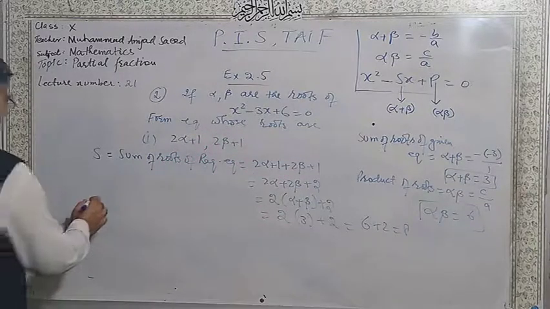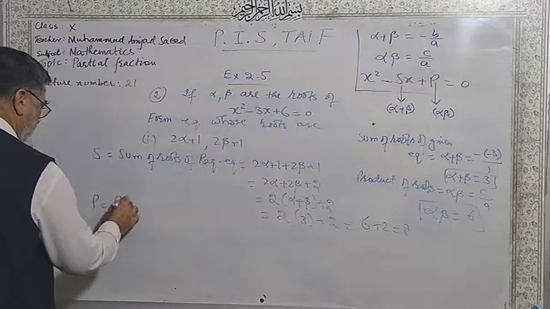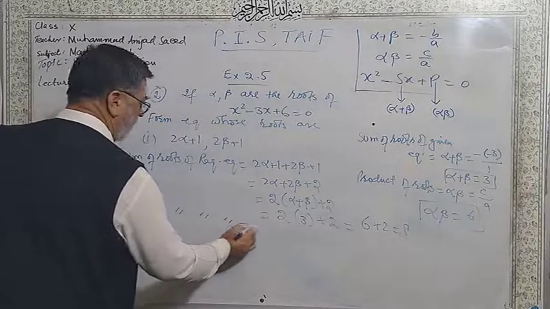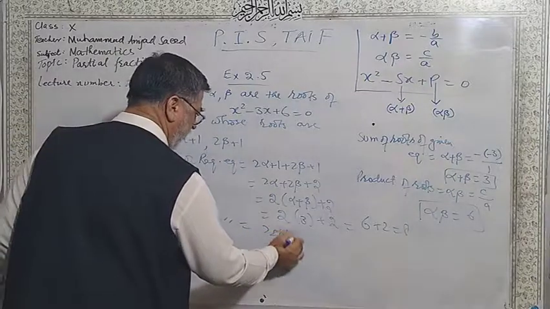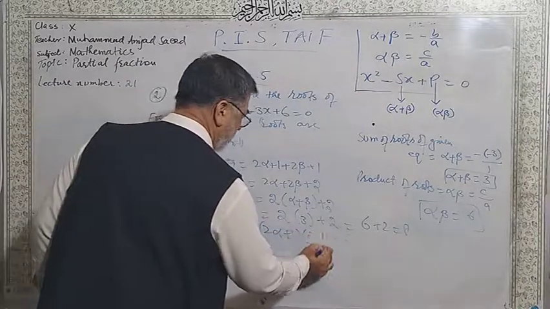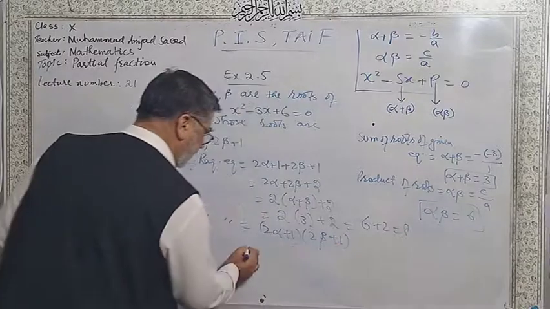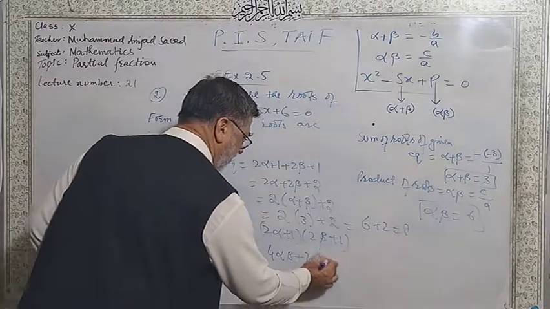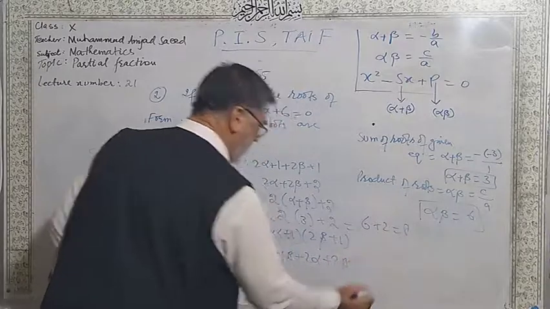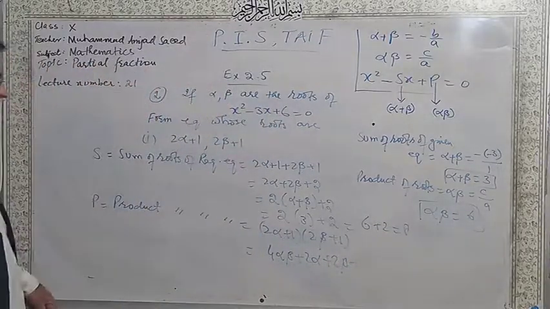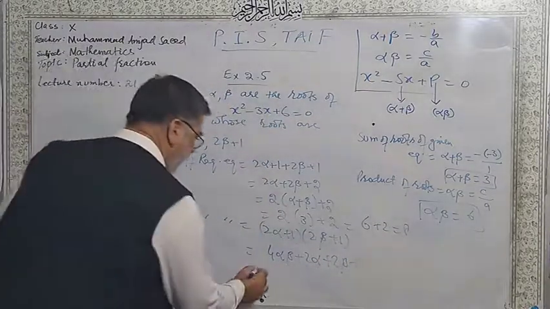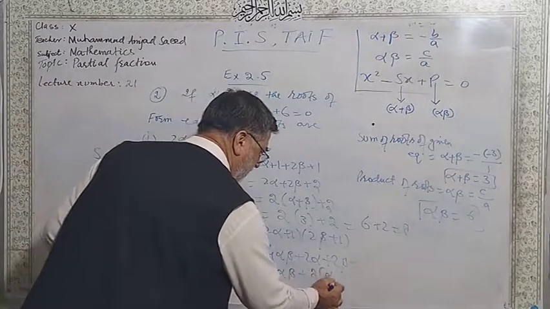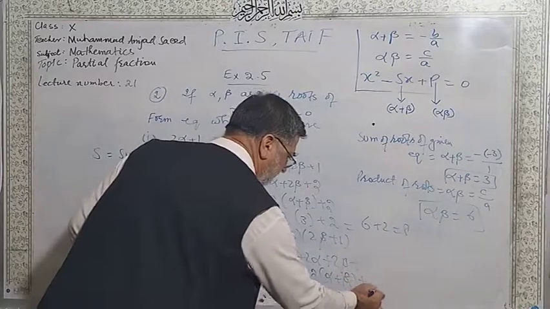And now P is equal to product of roots of required equation, 2 alpha plus 1, 2 beta plus 1, multiply them. 4 alpha beta plus 2 alpha plus 2 beta plus 1. Here is 4 alpha beta plus 2 common alpha plus beta plus 1.